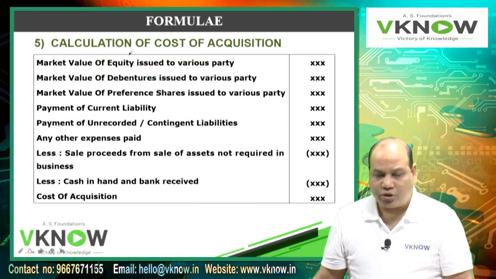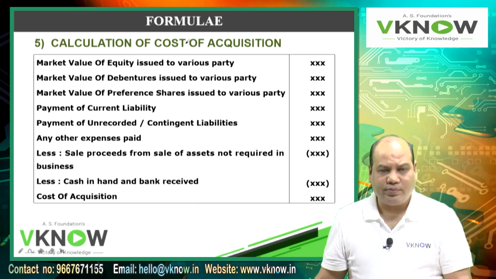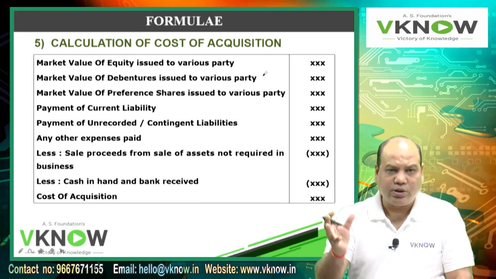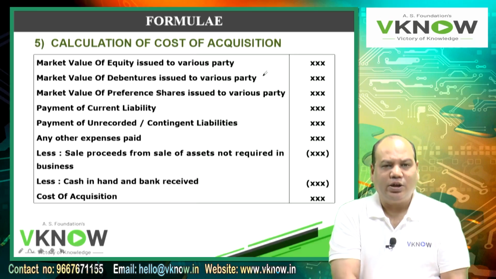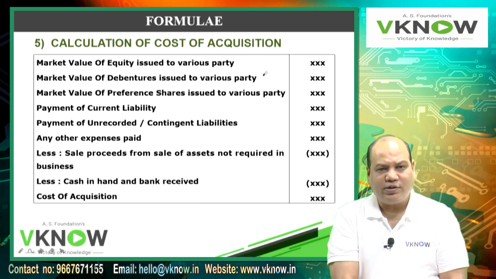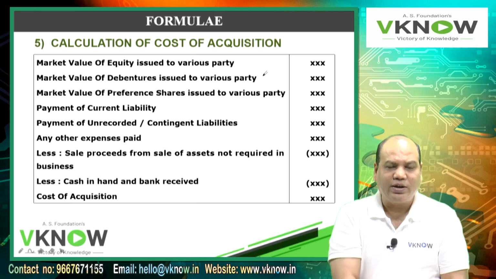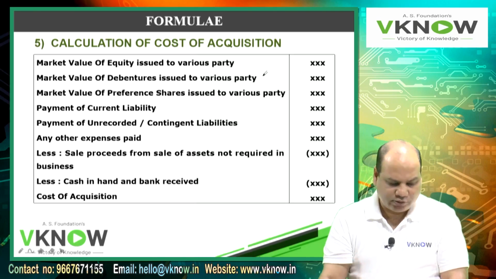Next, in some exam questions they have asked you to find out the net cost of acquisition. Net cost of acquisition would be the consideration paid minus net asset realized immediately on disposal of assets and liabilities.